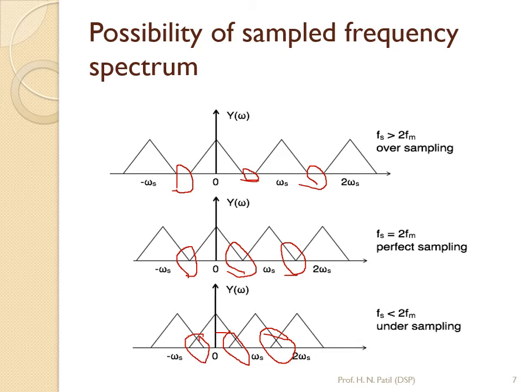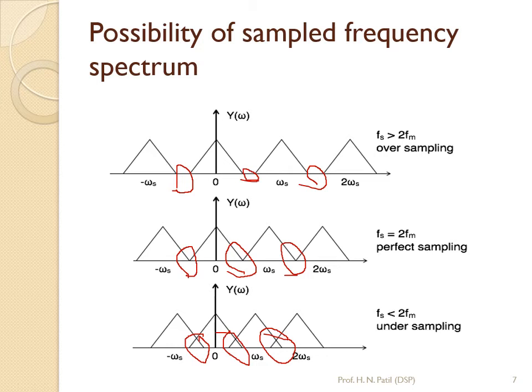Now this loss of the signal cannot be recovered using any parameter or any technique, and this is called aliasing. Aliasing is a phenomenon where high frequencies take the identity of low frequencies because of the low sampling frequency. In order to represent a continuous time signal faithfully, we need to take as many samples as possible.